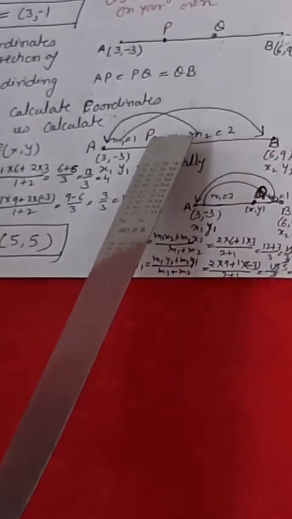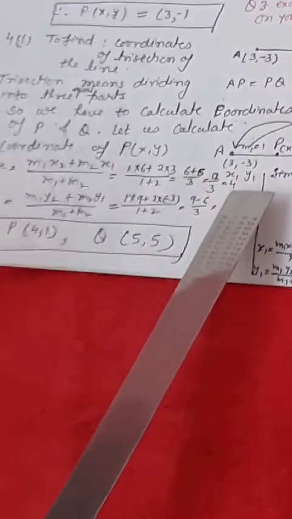So what is the formula for the division point? x equals (M1 x2 plus M2 x1) upon (M1 plus M2). M1 is 1. 1 into 6 plus 2 into 3, and 1 plus 2 is 3. 6 plus 6, you calculate this. 12 upon 3 is 4.